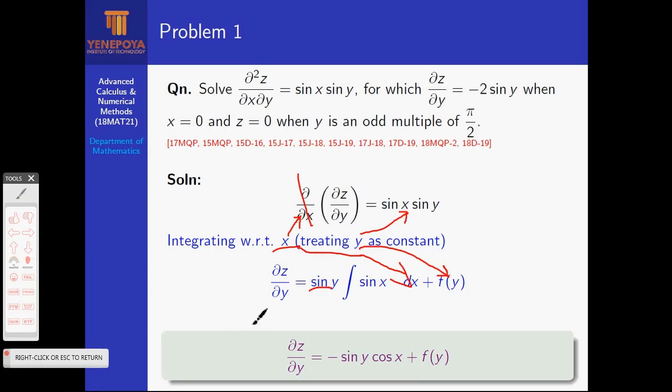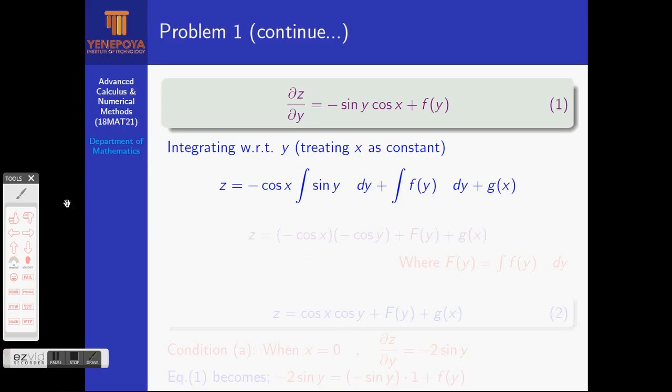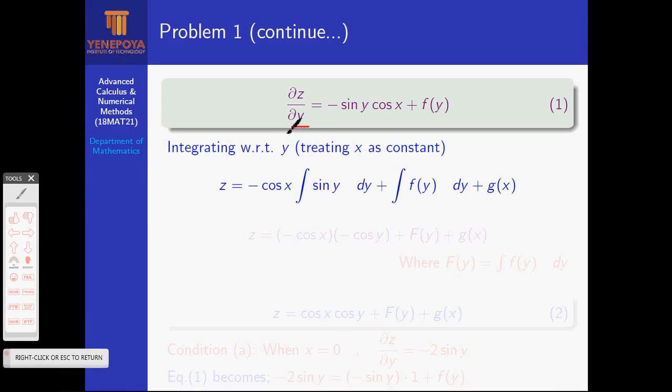Next, we get ∂z/∂y = sin y as it is, times the integration of sin x, which is -cos x, plus f(y). We'll take this as equation number 1. Next, integrating with respect to y, we should treat x as constant.